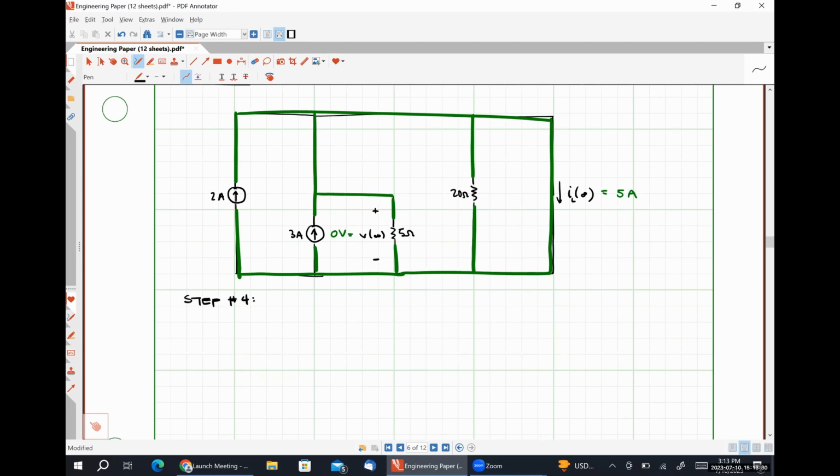So step number 4 is to determine the time constant for the circuit during the transient condition.